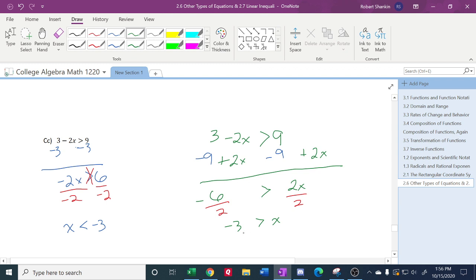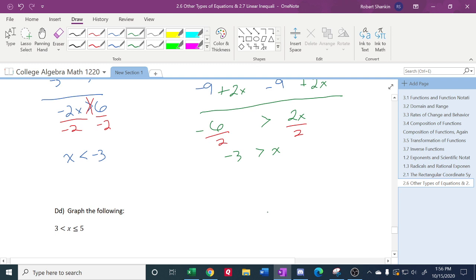But if somebody tells you -3 is greater than x, I don't know what they mean. My mind can't process it. But if they tell me verbally in the other direction, keep the arrow pointed at the x, x is greater than -3, then I know what they're talking about.